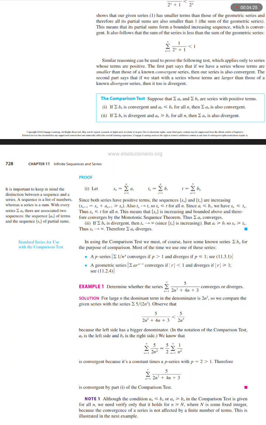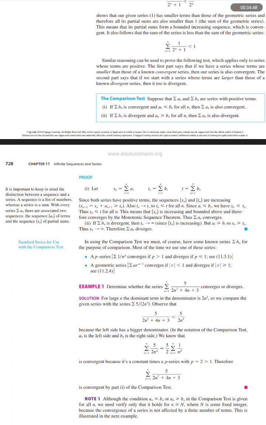Since both series have positive terms, the sequences {s sub n} and {t sub n} are increasing. Indeed, s sub n plus 1 equals s sub n plus a sub n plus 1, which is greater than or equal to s sub n.